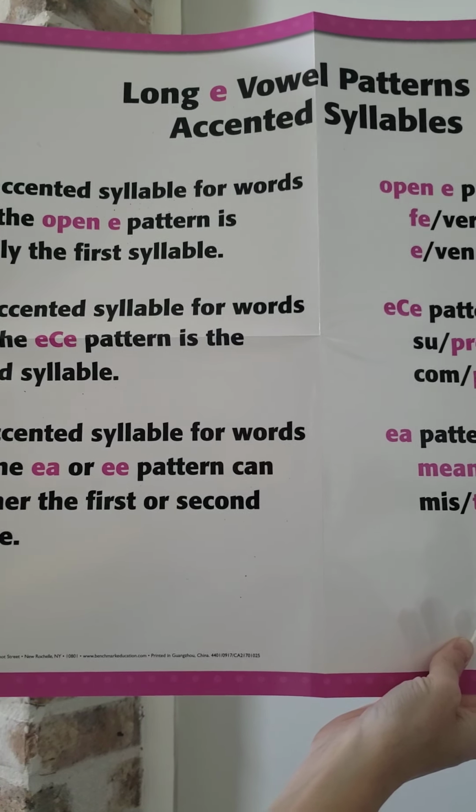All right, so that is our review of our anchor chart for this week. So let's go over what your assignment is going to be for today. Today you're going to have a list of words and you're going to sort them by what pattern they belong to. Okay, let's talk about our patterns. We just reviewed them, but I'm going to write them on my board.